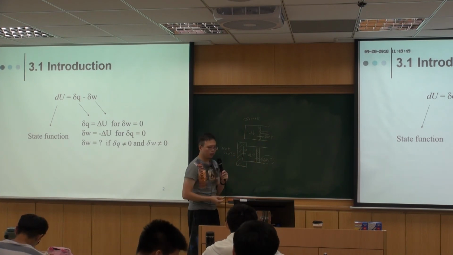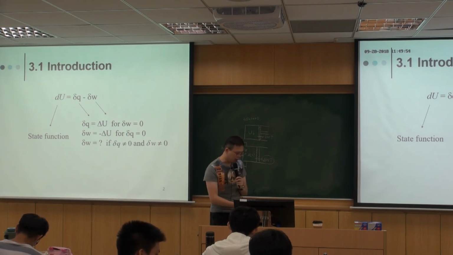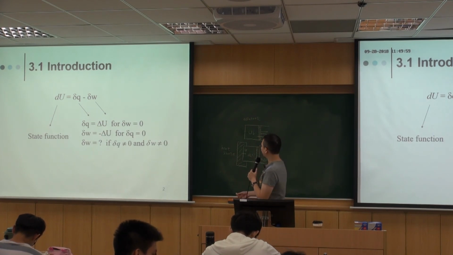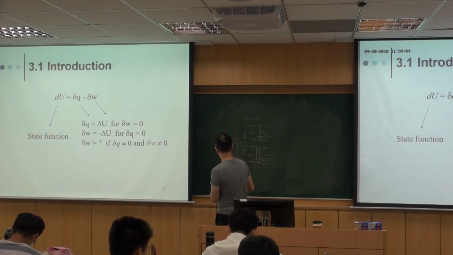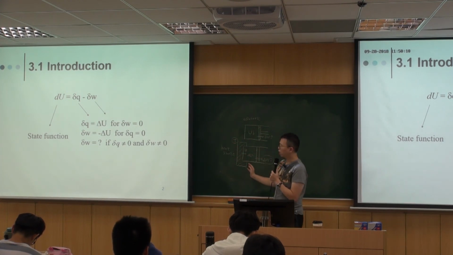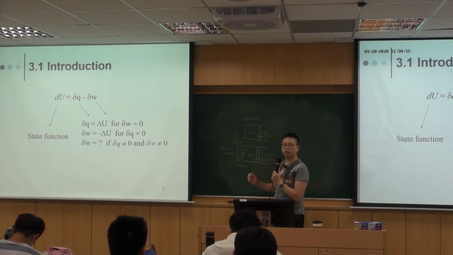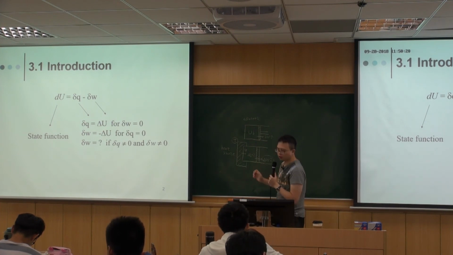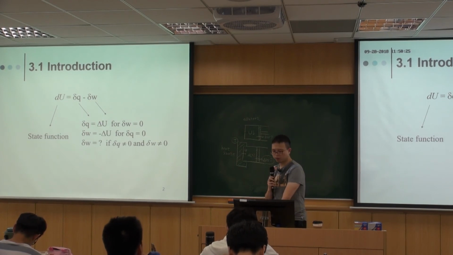This is the question that the scientists at that time wanted to answer, especially when this system is in contact with a heat source or heat reservoir at a constant temperature. If we know this temperature, can we predict how much work the system can do? This is what the second law of thermodynamics will answer.